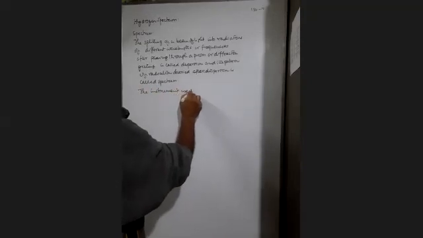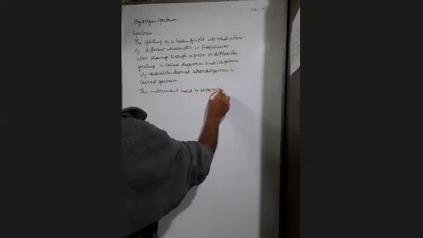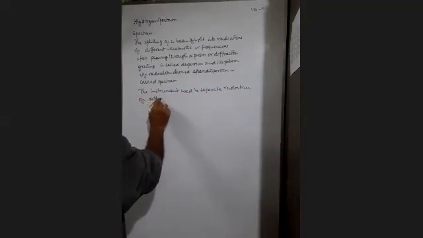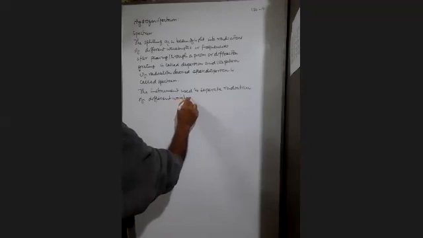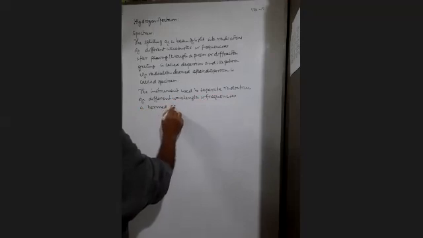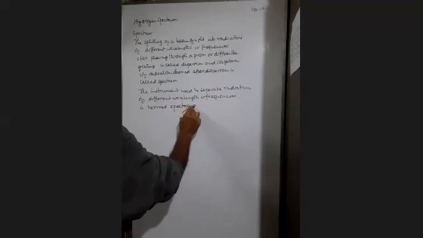The instrument used to separate radiations of different frequencies is termed spectroscope. This is the machine.